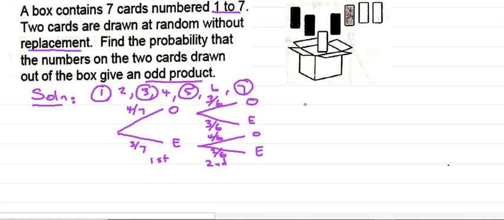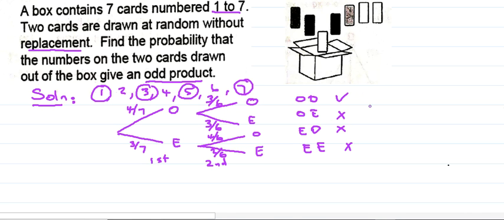And if you look at now drawing an odd and an odd card, for example 1 and 3, 1 times 3 is 3, or 3 times 5 is 15. So we have an odd and odd outcome, odd and even, even and odd, or even and even. All of these will not yield an odd product except for drawing an odd followed by an odd card.